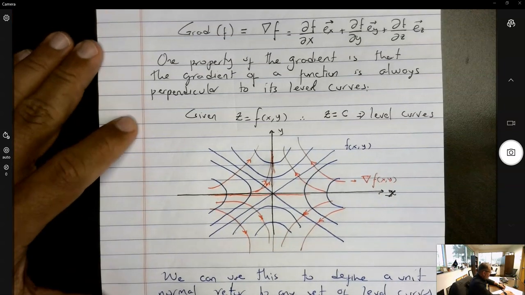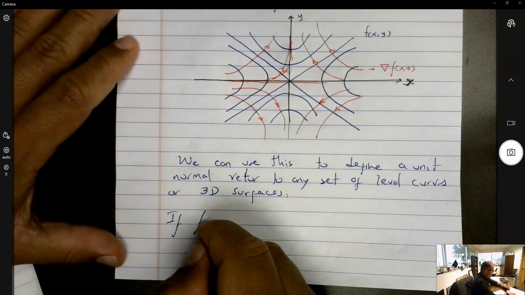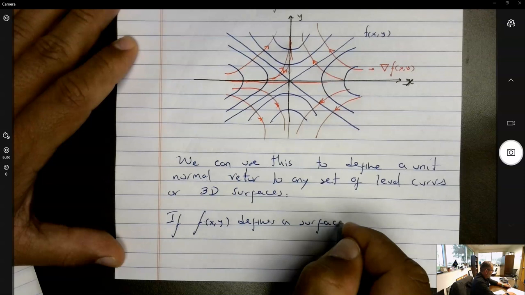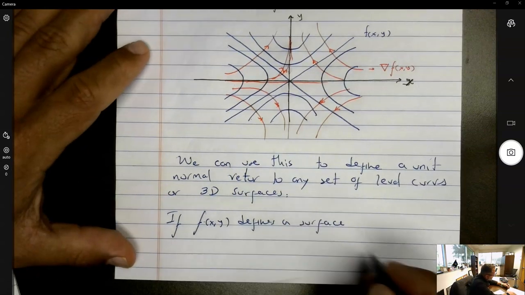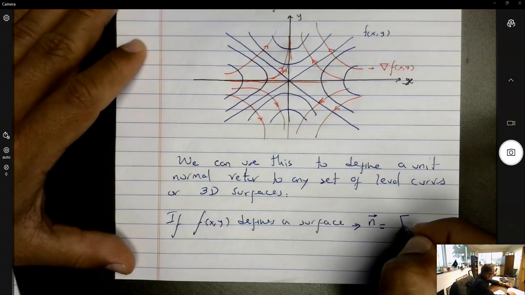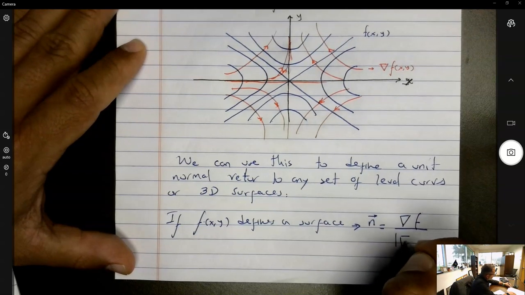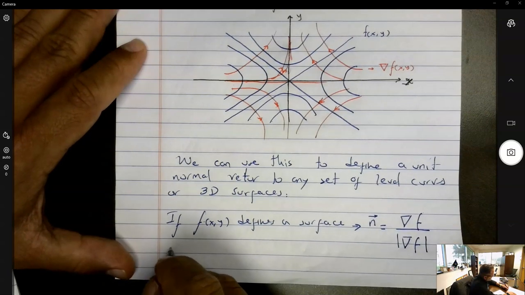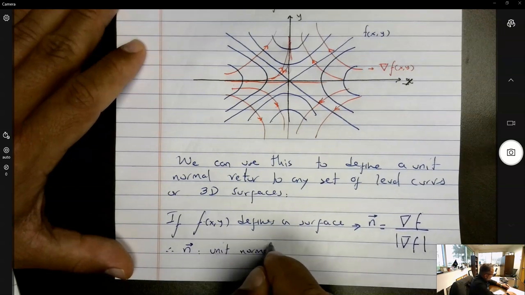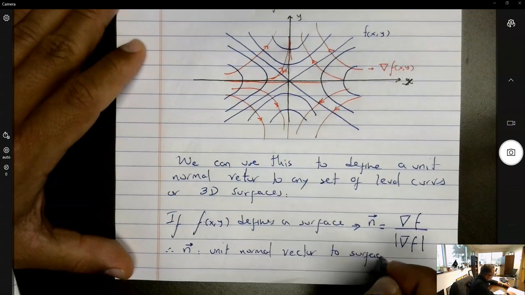So again, if f of x and y defines a surface, whether it's a 3D or higher dimensional surface, then n, the normal vector to that surface, will be the gradient of f divided by the magnitude of the gradient of f, such that n is the unit normal vector to surface f.